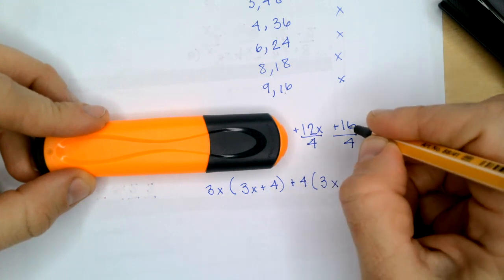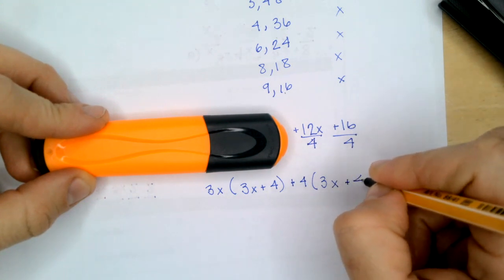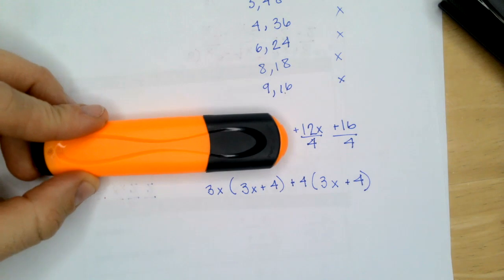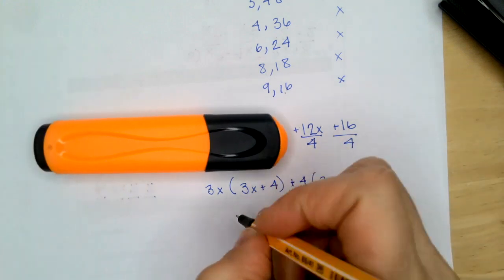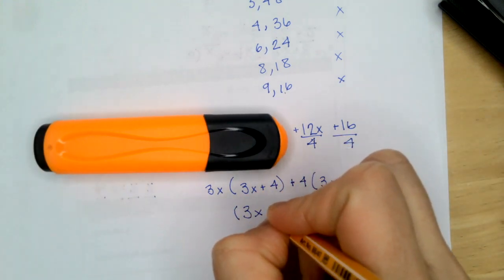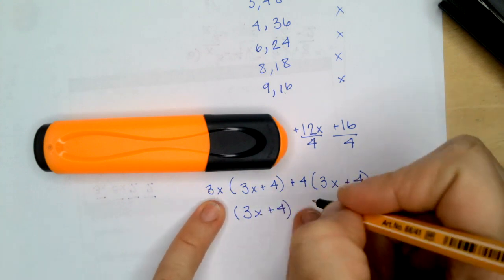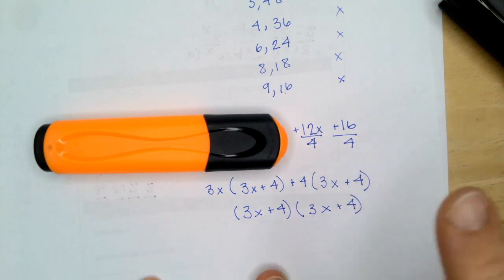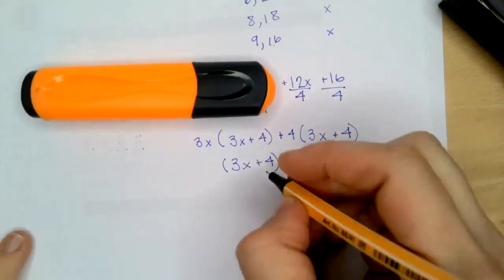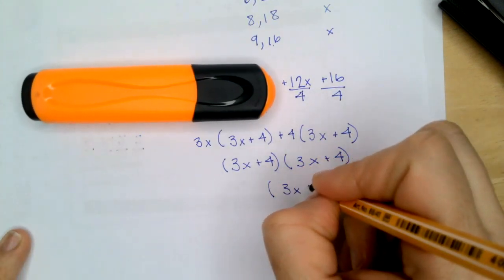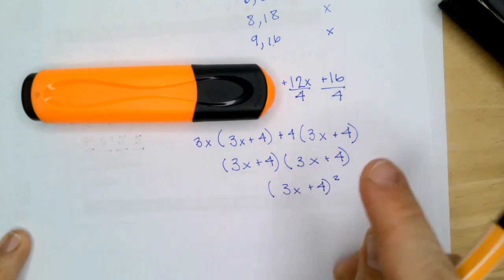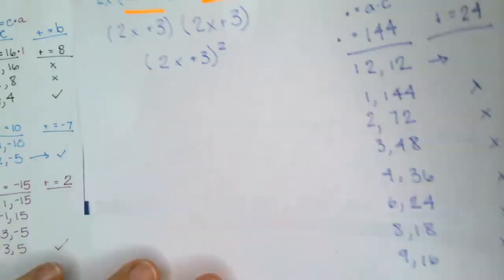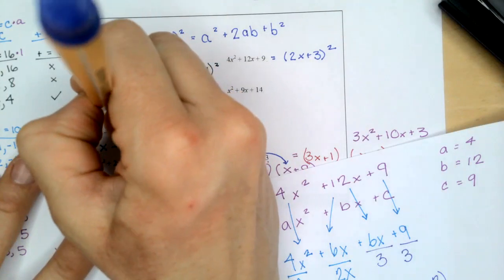When I take 16 and divide it by 4, I get 4. Those are the same, so that's a good sign. 3x plus 4. And then I take those two terms and multiply, add them together and multiply them by the original. And so again, that was a square. 3x plus 4 squared.